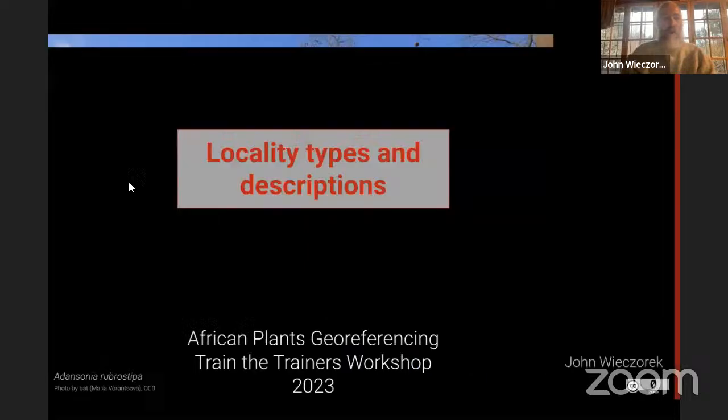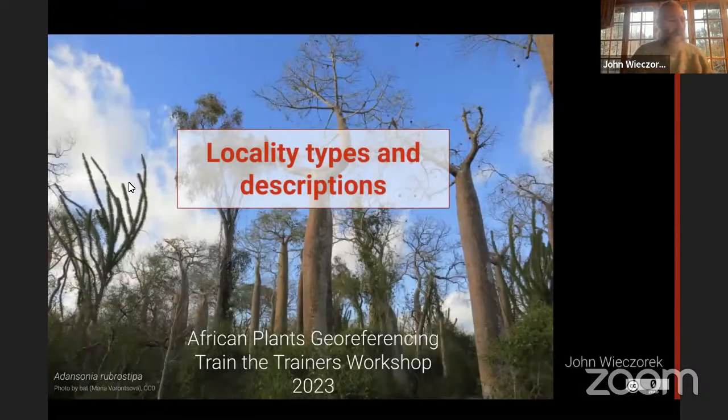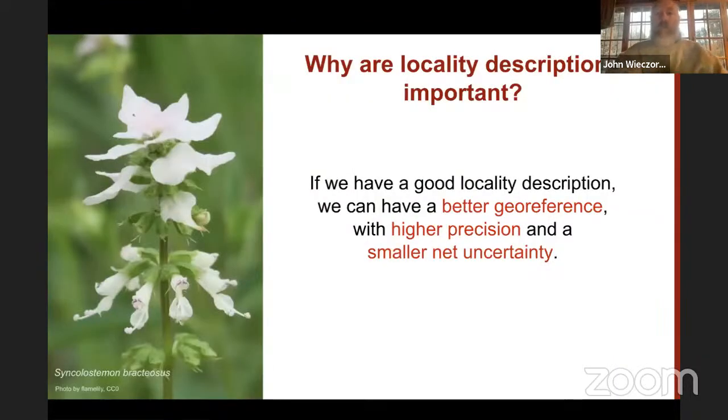Okay, so our second topic is about locality types and locality descriptions. And we're going to approach this topic from a couple of different perspectives. First, why are locality descriptions important? You've seen them already in the presentation that Paula made. For example, that textual description of Bulli in Ñuble was a description of a place, a little town.